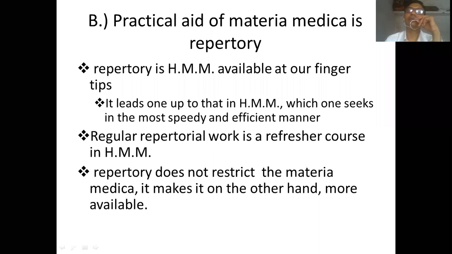So this is the meaning of this sentence, that repertory does not restrict the materia medica. With the help of repertory, you can access more and more materia medica. And this allegation put on the repertory, that the repertory restricts the materia medica, is a false allegation.